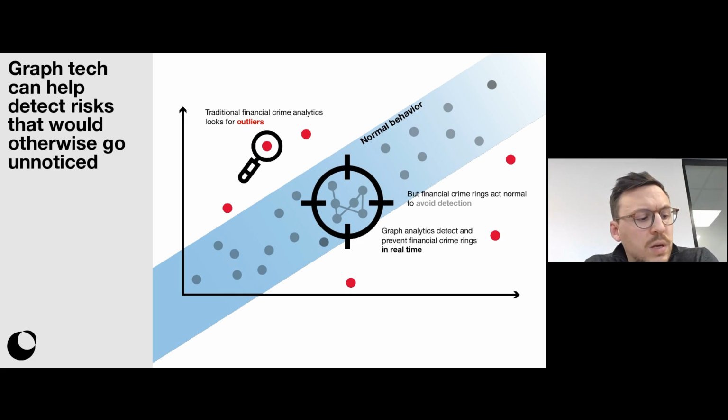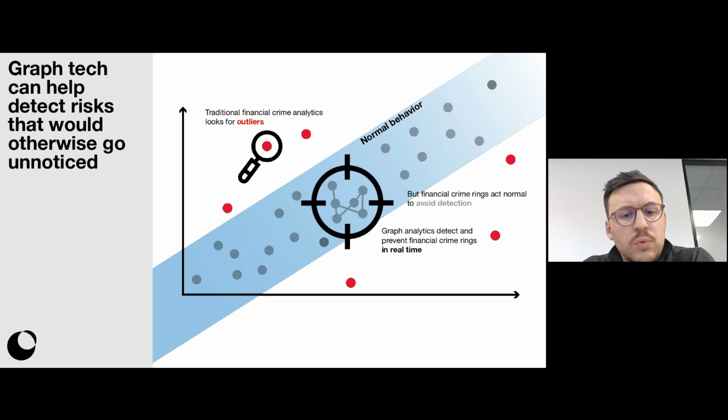Whereas with graph, you can actually dig deeper by detecting, in real time, suspicious, discreet relationships within patterns of normal transaction behavior, to really push the envelope on your investigation and have an extended context with a wide range of data points that can structure a network, such as KYC information, digital footprints, and application logs, and use all those data points to detect unusual connections, even with normal behavior.